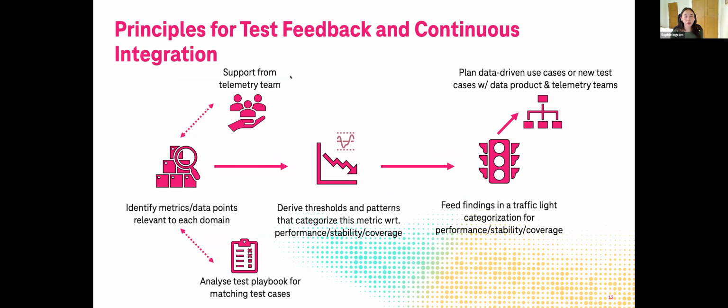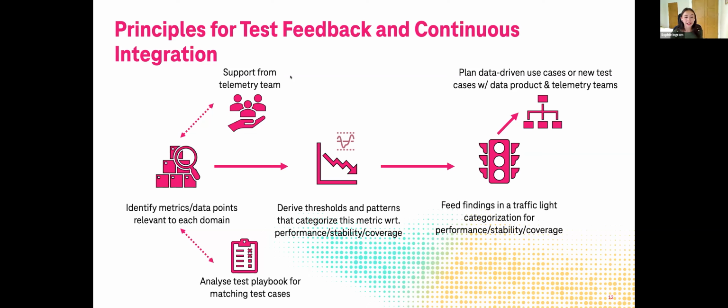And our principles for the test feedback and the continuous integration is that, like I said, we identify the metrics and the data points that are relevant to each domain. So for those areas I mentioned earlier, underneath that, there'll be a whole series of areas that we would be looking at. And we're taking support also from our telemetry team here to make sure that we are getting the most information that we can.